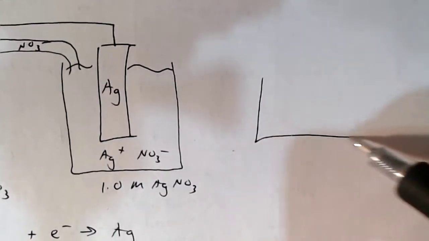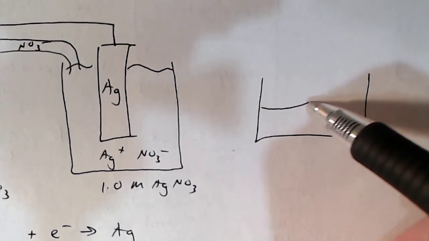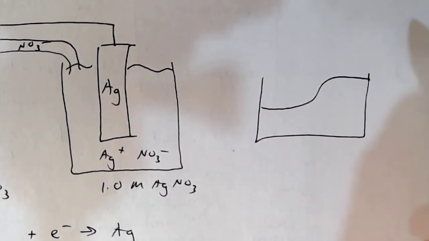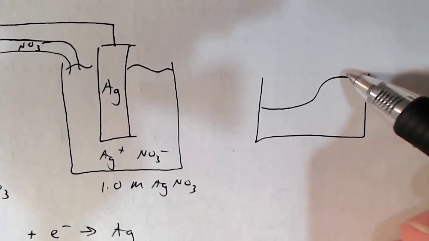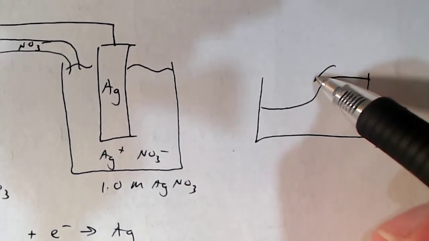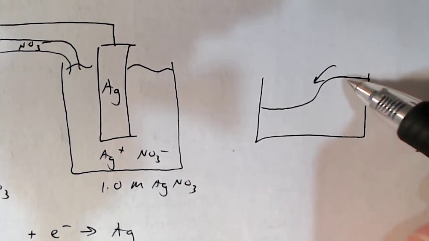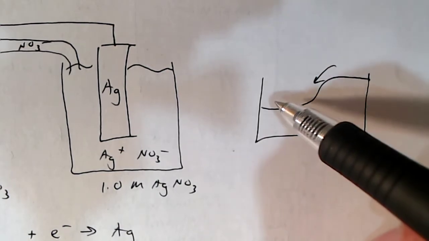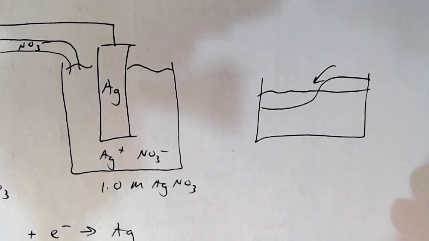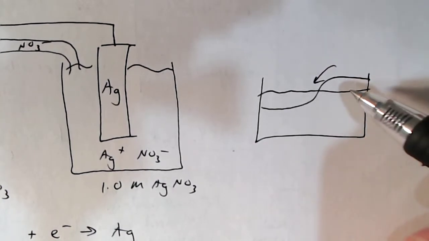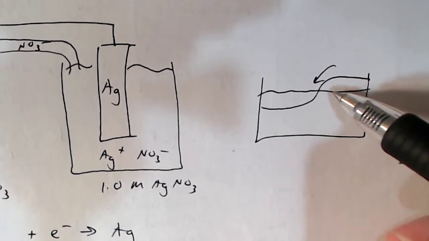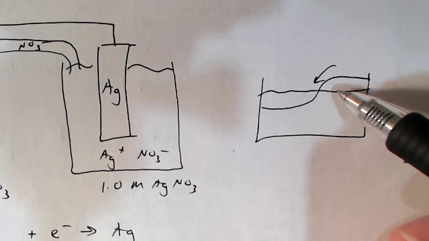So, you can kind of think of having different amounts of water on both sides of a bucket. If you have more water on the right side than the left side, water is going to flow from high altitude to low altitude until you'll have equal heights of water on both sides.